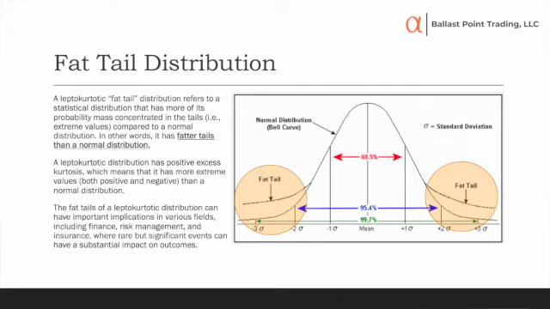So the results of your trades, the end result of your trades will actually distribute in the same kurtotic fashion. This distribution plays out through everything we do in trading. The data itself and the results of our trades will distribute kurtotically.